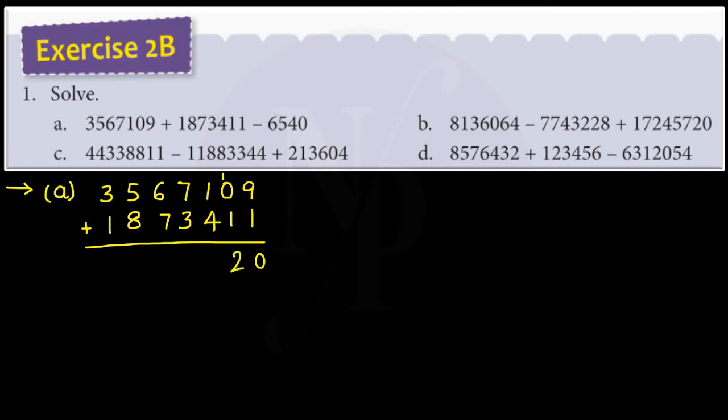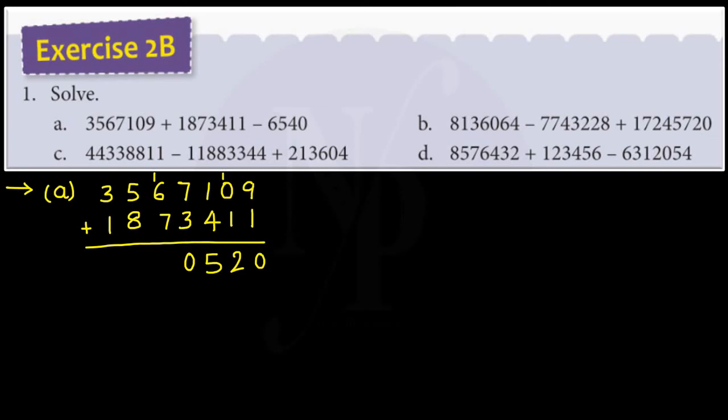Here in the hundreds place we have 1 hundred plus 4 hundreds will become 5 hundreds. 7 thousands plus 3 thousands will be 10 thousands. So 10 thousands can be regrouped as 0 thousands and 1 ten thousand, and we will carry forward 1 ten thousand to the ten thousands place.